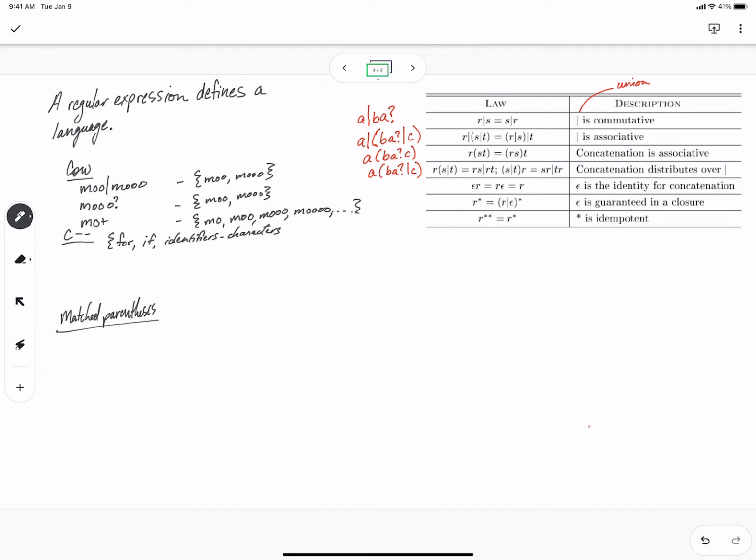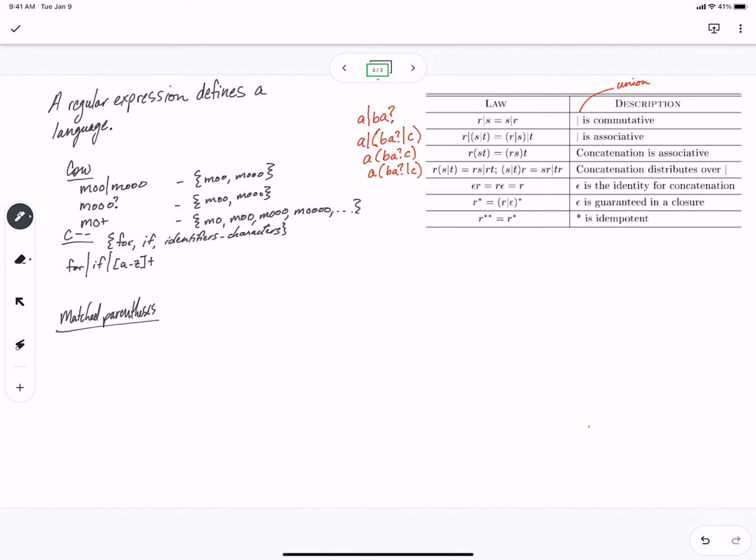So how would we define this language? Well, we start with the language for. We union that with the language if. We union that with the language of identifiers, which would be, let's just say for simplicity, only lowercase letters, one or more. And that would be our language.